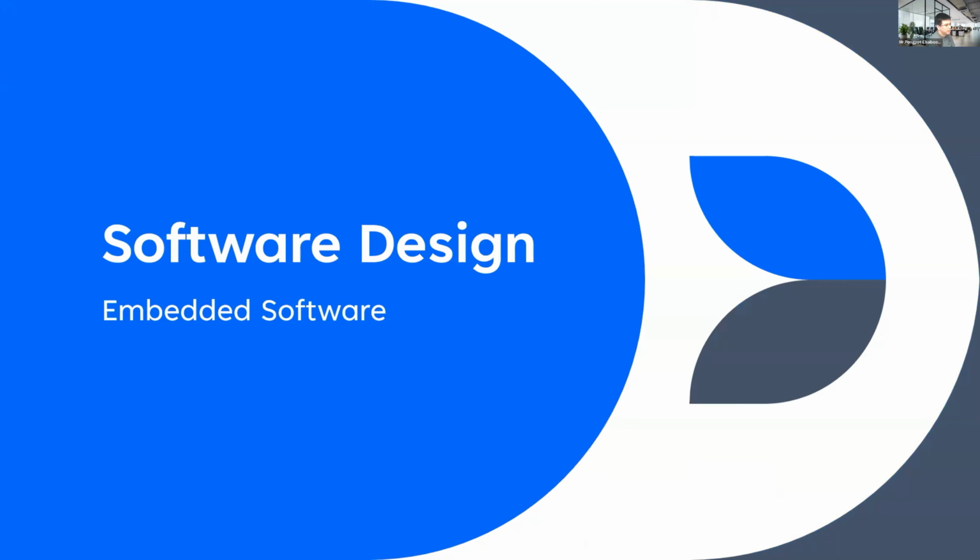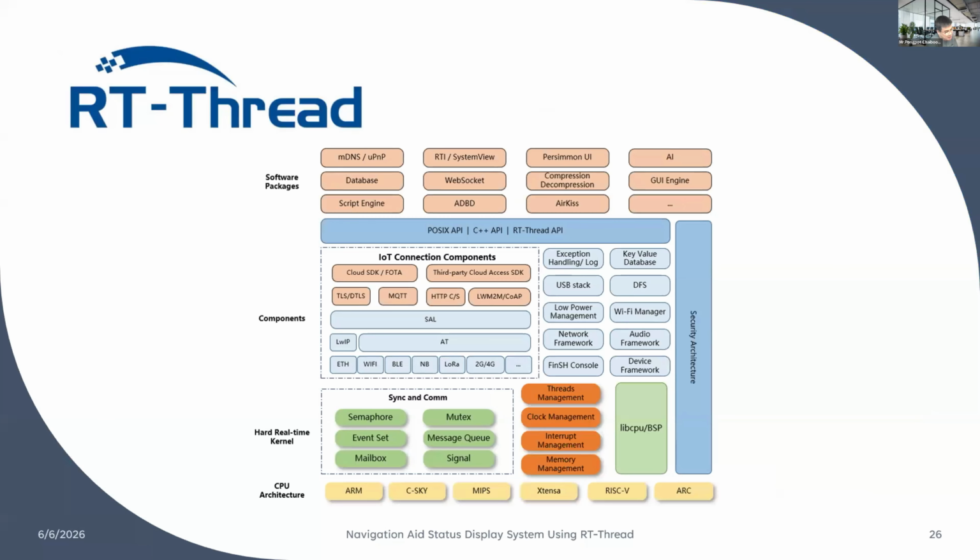Okay, let's talk about software. Instead of traditional bare metal firmware, we use RT-Thread as the operating system. RT-Thread provides real-time scheduling, a tiny memory footprint, pre-integrated networking, and an OTA framework.